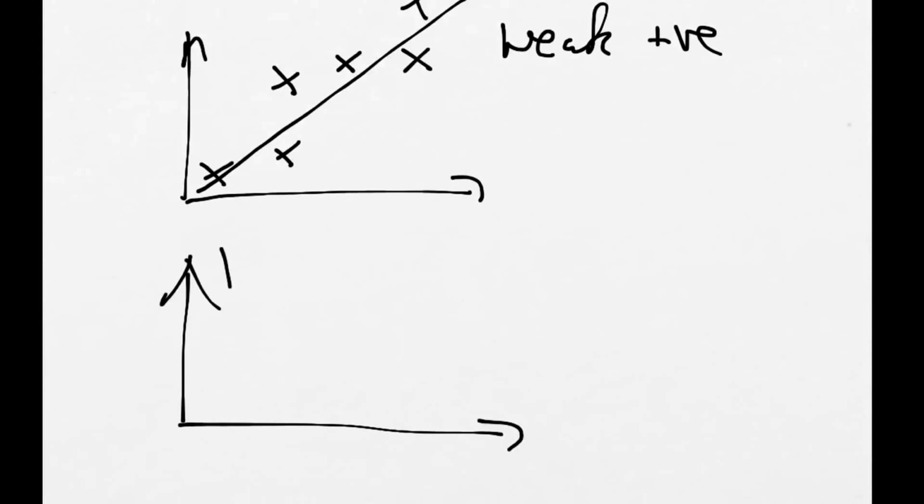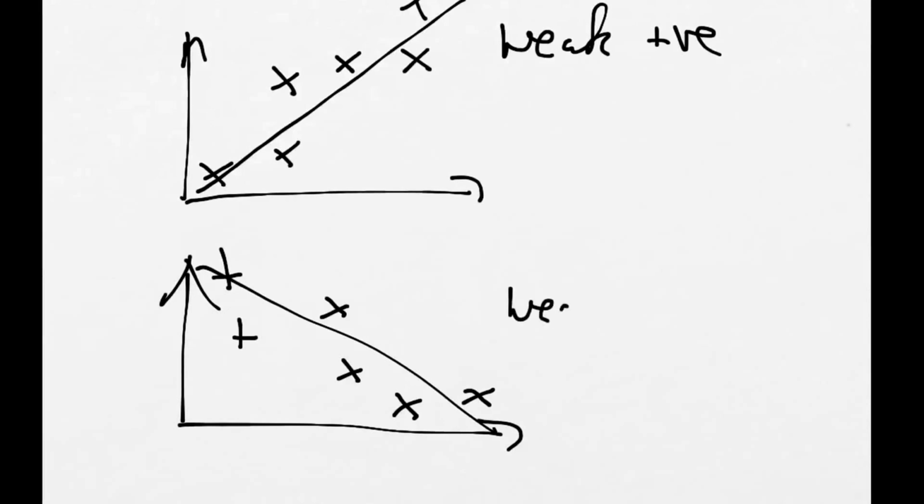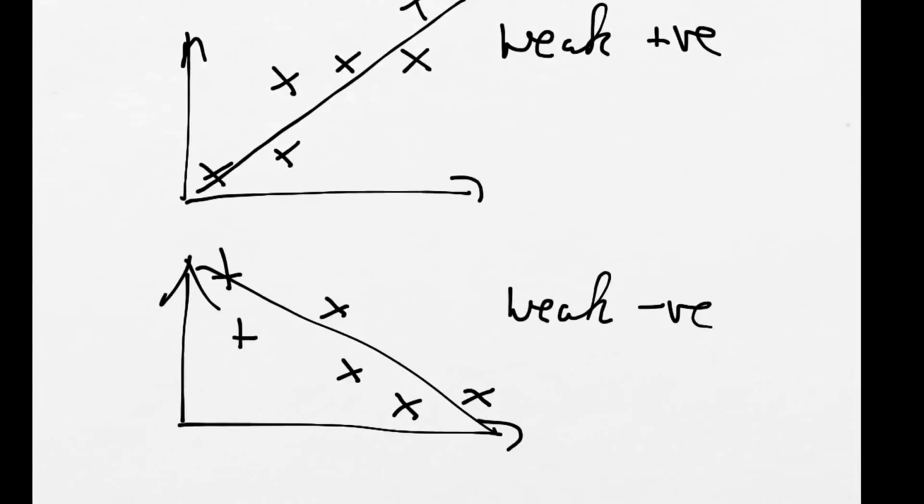What about this one? Loud? Yeah, loud, Tiffany? It's a negative correlation because it goes down. But it's not terribly strong. So weak negative.